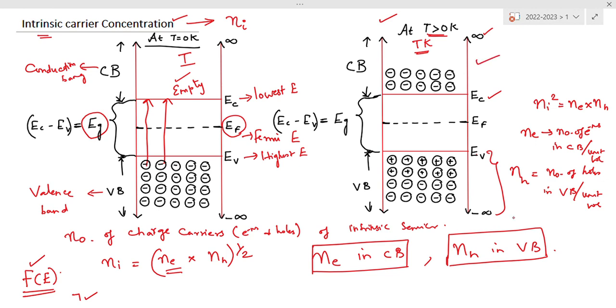So the second diagram shows, let us assume there are 10 electrons moving from the valence band to the conduction band, and here there are holes created in this valence band. We are going to find how many number of electrons are present in the conduction band. Here how many number of holes are present in the valence band.